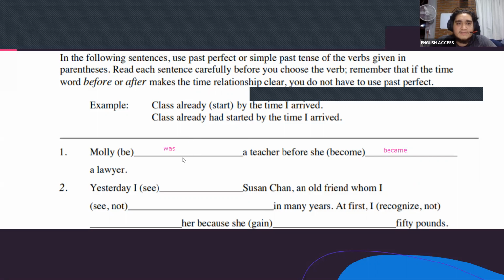You were a teacher, you are a teacher, and you will be a teacher, as well as she was a lawyer, is a lawyer, and will be a lawyer. These are ongoing situations, yes? They just don't end.